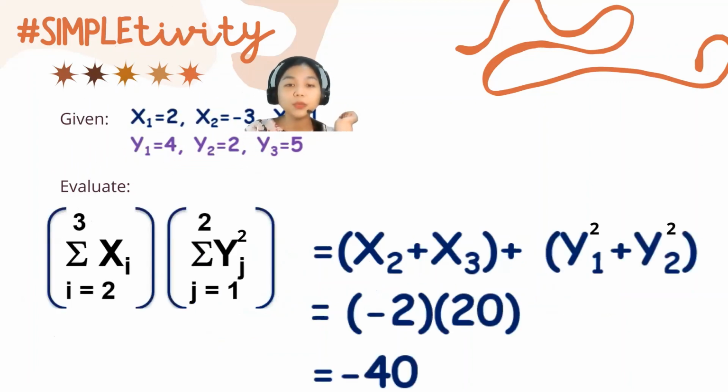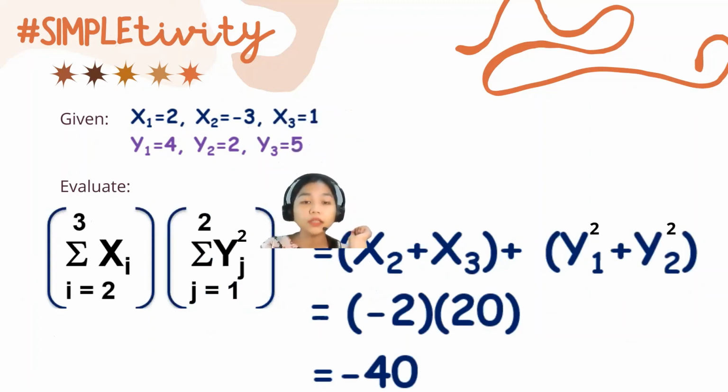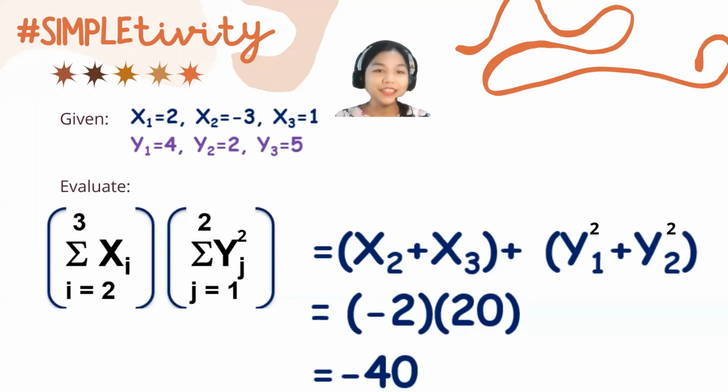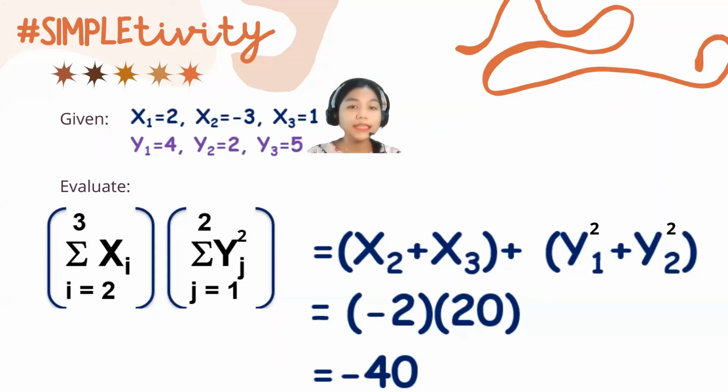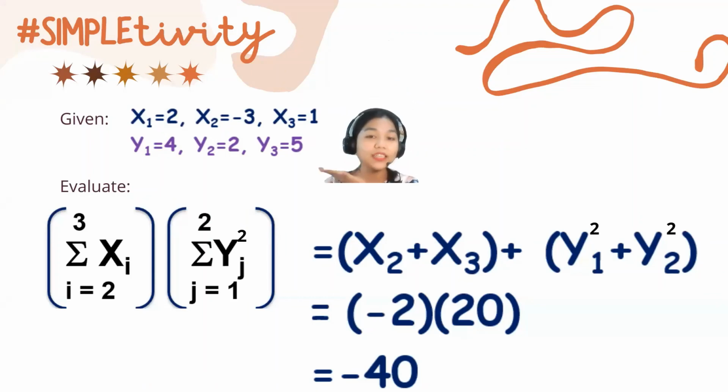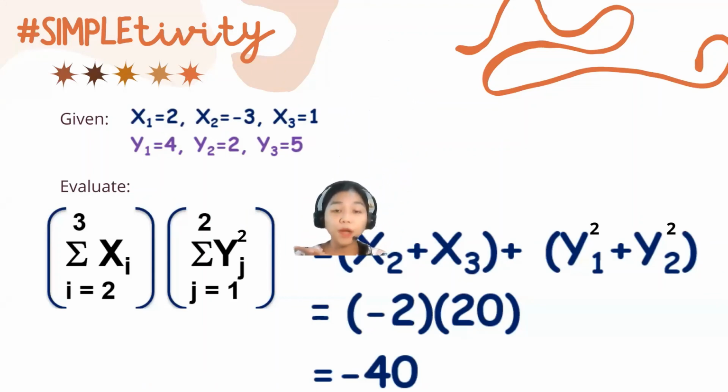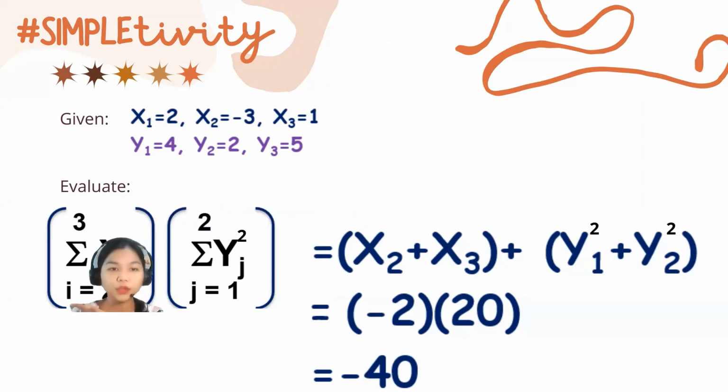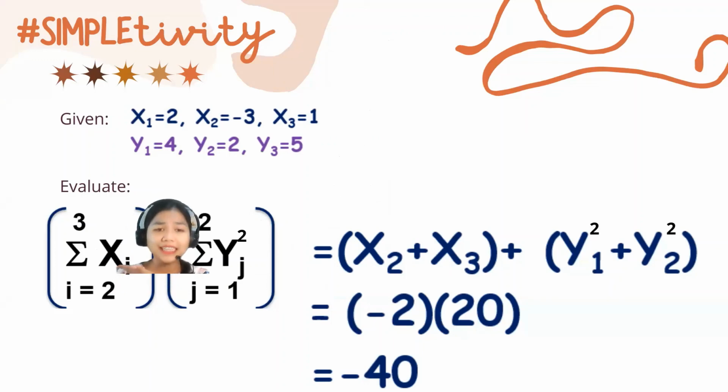So let's proceed to getting the product of the sums. Let's try evaluating this second set. With the same given values, we are tasked to evaluate the product of the sums of these two notations. Let's try expanding the notations, but before that, let's read the notation. This is read as summation of xi as i goes from 2 to 3, or summation of xi from i equals 2 to i equals 3.